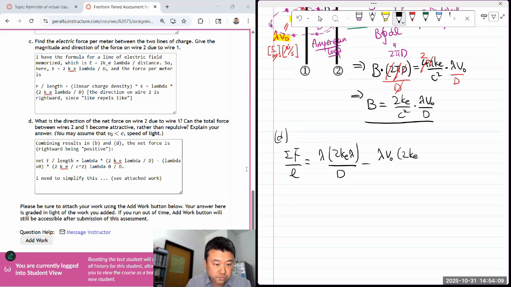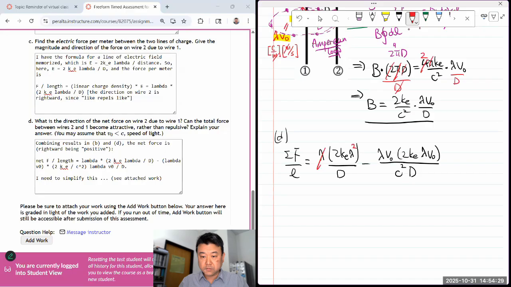I'm going to put all the numerators together. So 2k lambda v naught, and then all the denominators together, c squared and d. So I can simplify this a little bit, combine this lambda with that to get lambda squared. Combine this lambda v naught with that to get lambda squared v naught squared.